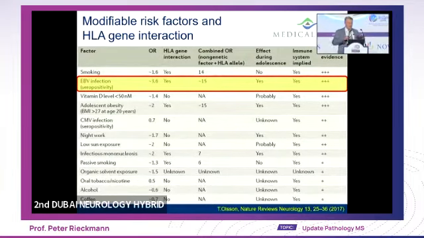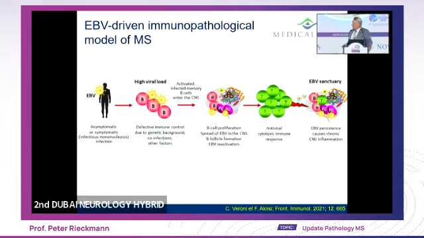So this rounds up the pattern that a certain genetic background with an Epstein-Barr virus infection can be a highly driving aspect of the disease later on.